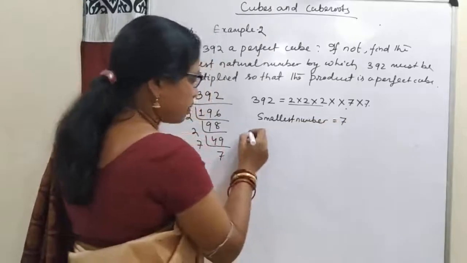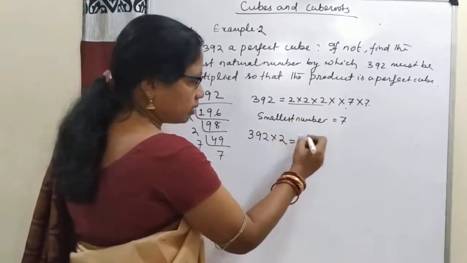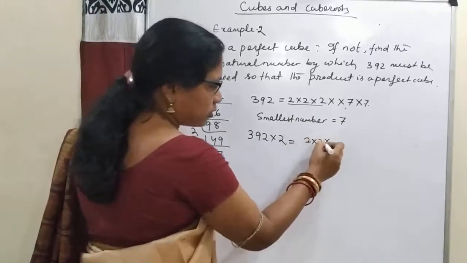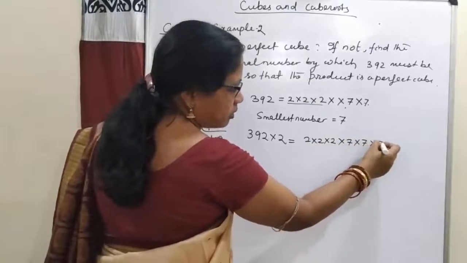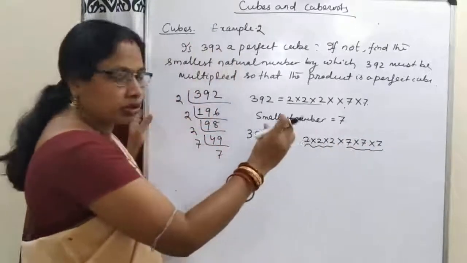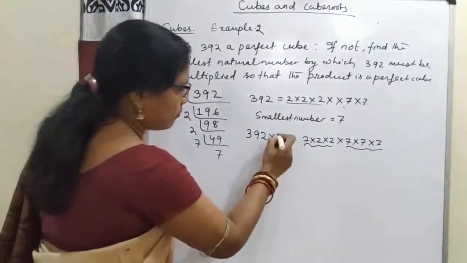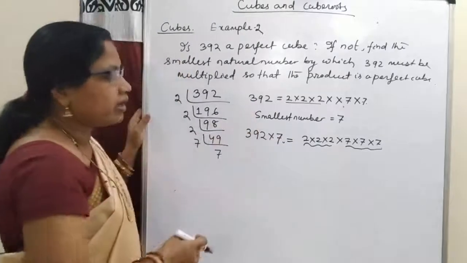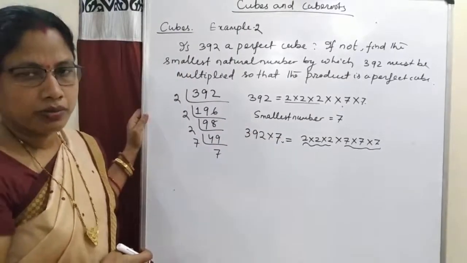That means if 7 is multiplied with 392, then that becomes 2 multiplied by 2 multiplied by 2 multiplied by 7 multiplied by 7 multiplied by 7, so 3 7s are there. So we can group this into 3 factors. So if we multiply 392 by 7, then that will be a perfect cube.